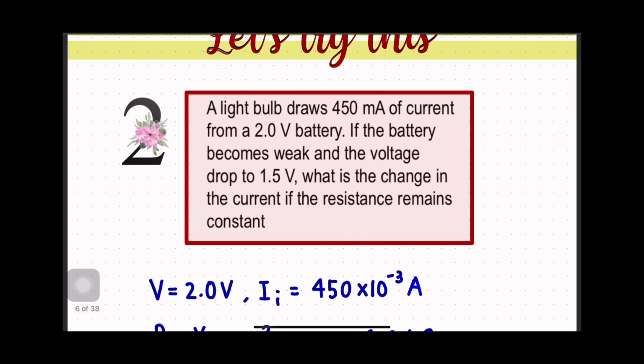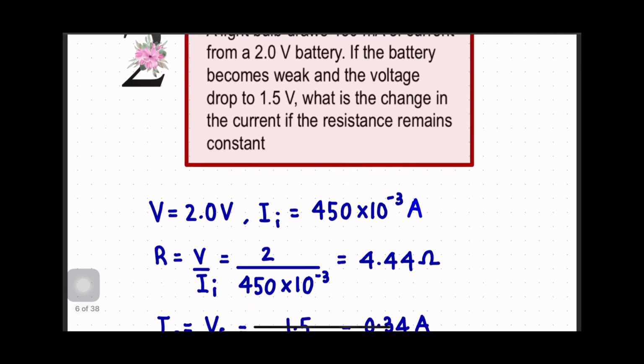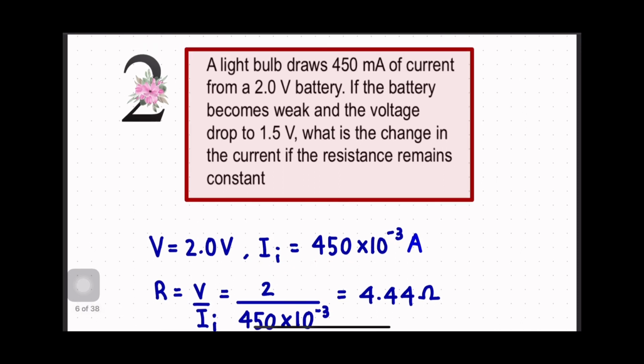We have a light bulb drawing 450 milliampere of current from a 2 volt battery, and then if the battery becomes weak and the voltage drops to 1.5 volt, what is the change in the current if the resistance remains constant? Okay, based on the information given, V is 2 volt, I initial is 450 milliampere, we can determine the value of resistance.